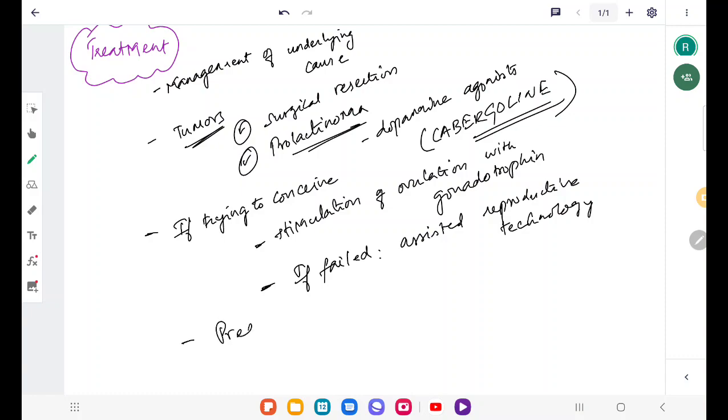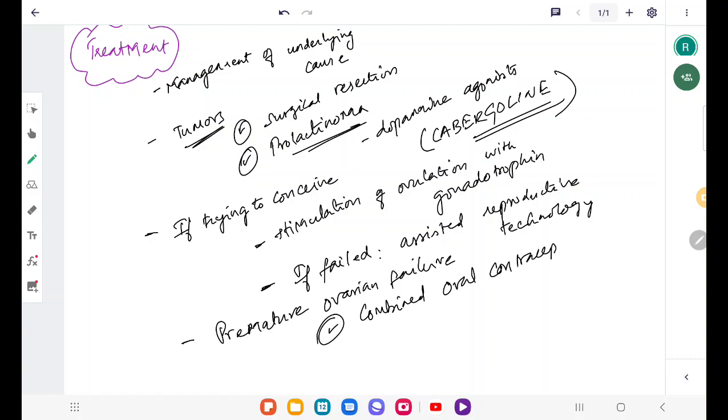And just in case of premature ovarian failure, we shall suggest combined oral contraceptive pills or hormone replacement therapy can also be done.